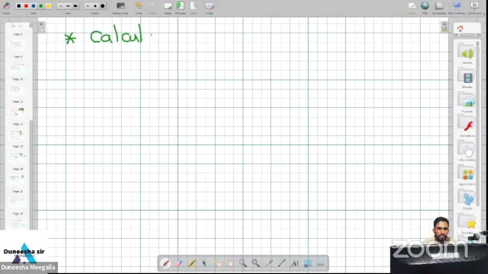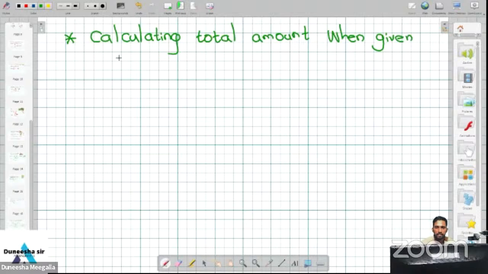Calculating total amount when given the ratio of one element. Okay.